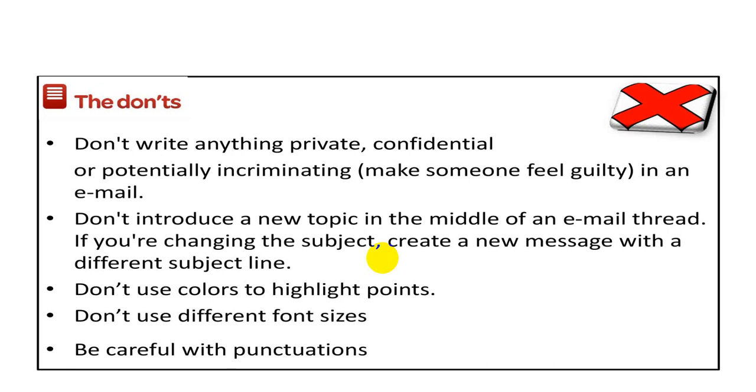Don't introduce a new topic in the middle of an email thread. If you are changing the subject, create a new message with a different subject line. Don't use colors to highlight points, but it's up to you also. Don't use different font sizes, and be careful with punctuations.